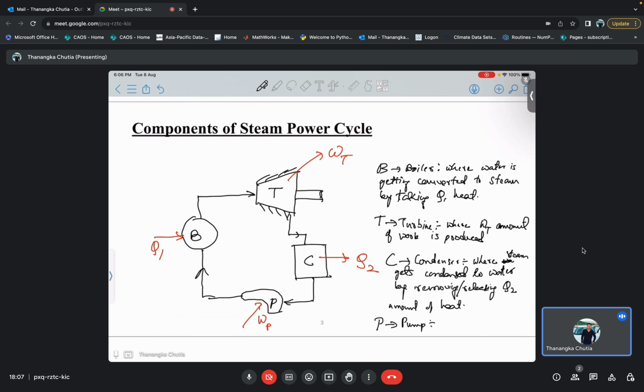And last but not the least, the pump. In order to run this process, you'll see it later on, what happens after the exit of the condenser is that the pressure decreases.